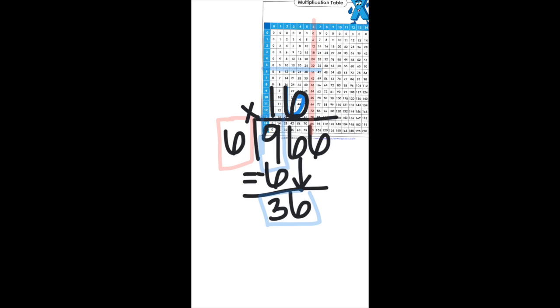And then we go 6 times 6, which equals 36. Then we can subtract and finally bring down our final 6. And we already know that 1 times 6 equals 6, so 6 goes into 6 one time, and we have 0 remainders.